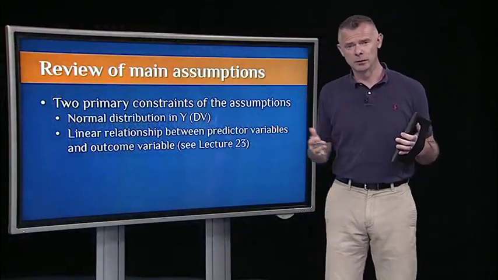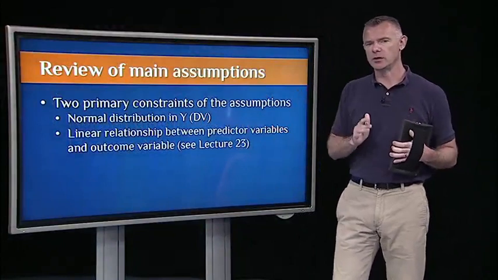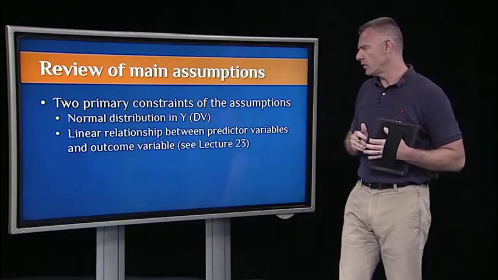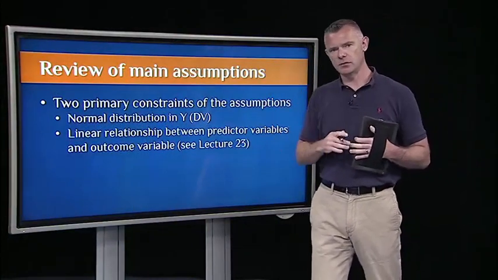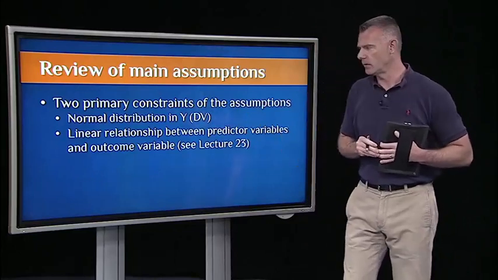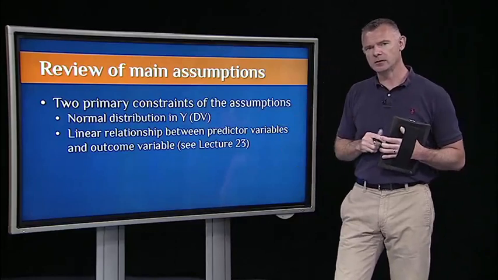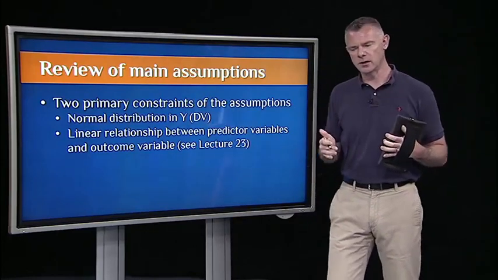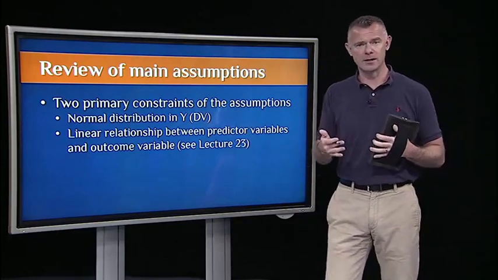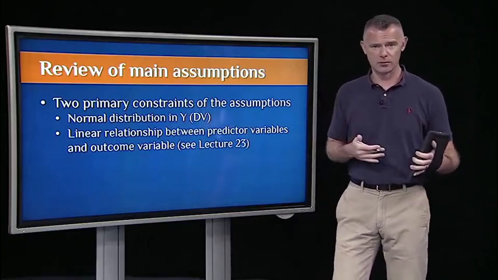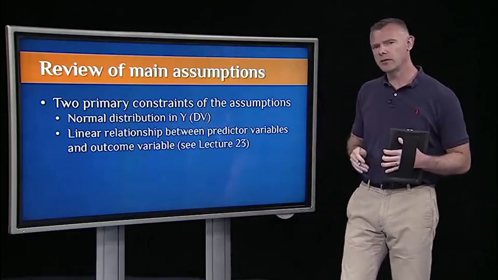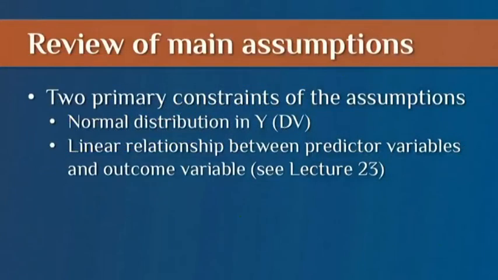What do we do? Well, there's a number of things you can do, and I'm going to cover some of those things in these last few lectures of this course. Today I'm going to talk about how we handle non-normal distributions and talk a little bit more about how we detect normal versus non-normal. In lecture 23, we'll deal with the second constraint, that is linear relationships between the predictors and the outcome.